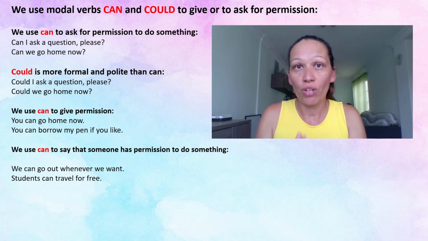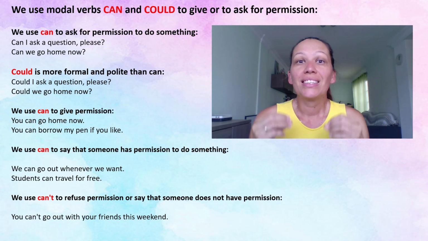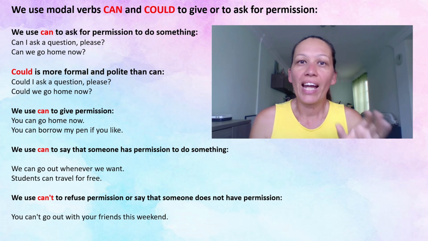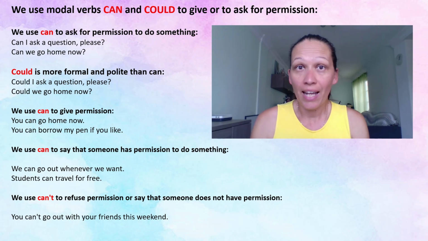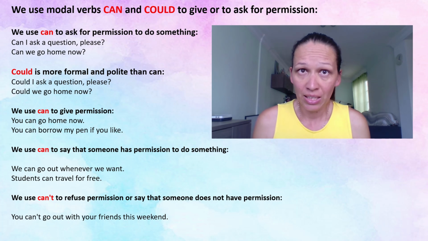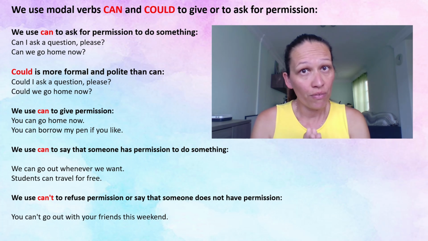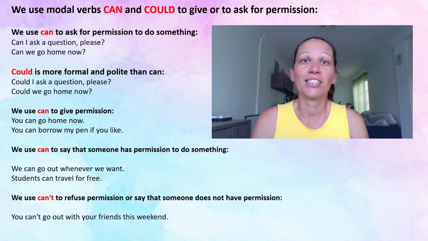So students can travel for free. We use can't, which is a shortened form of cannot, to refuse permission or say that somebody doesn't have permission to do something. For example, you can't go out with your friends this weekend. Sometimes I have to punish my kids and say, I'm sorry, but you can't go out with your friends this weekend.